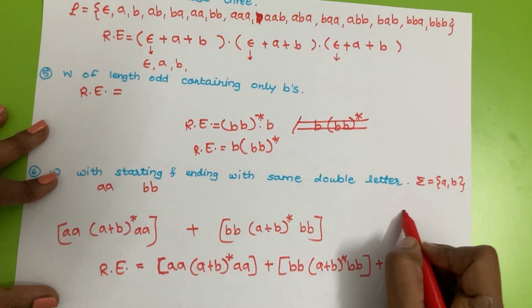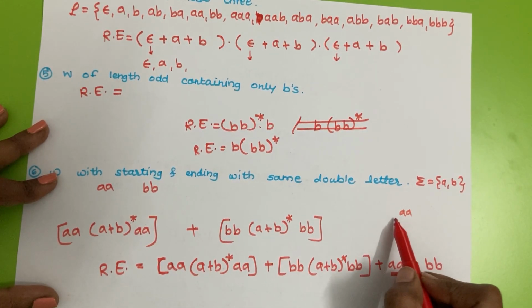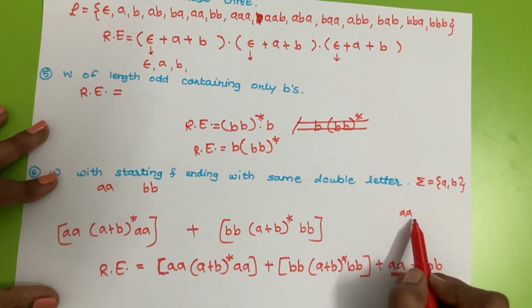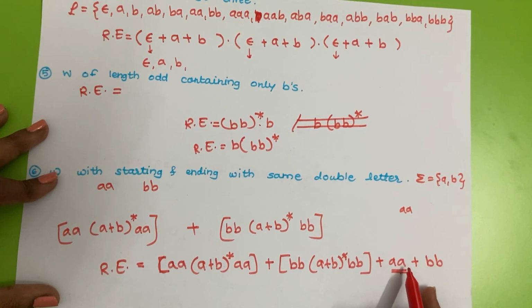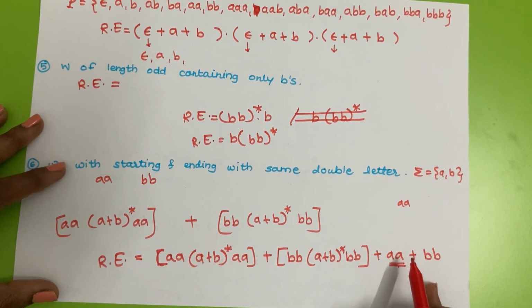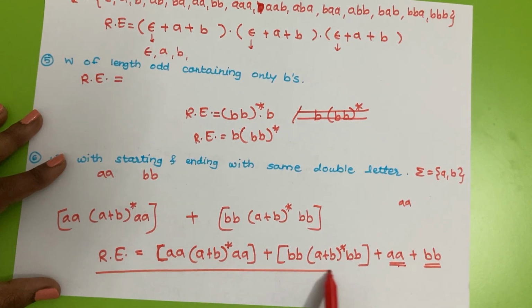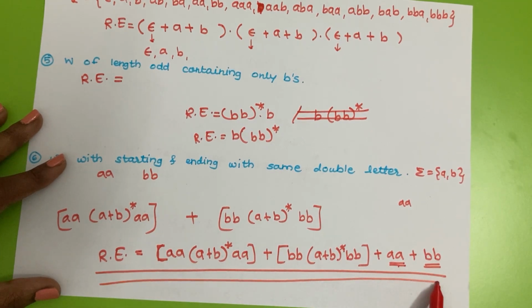If a single A can be written, then this is the start of our string and this is also the end of our string. So the double A string we have to add exclusively, and the same for BB. This will be our total final regular expression.